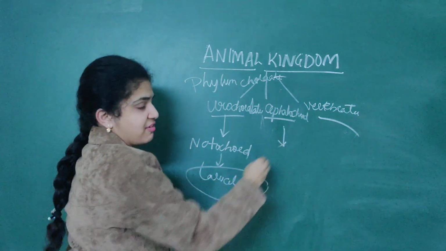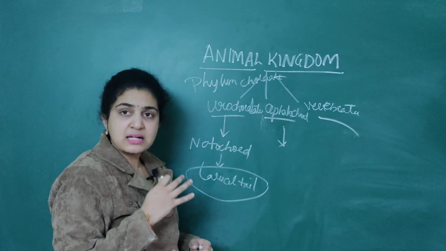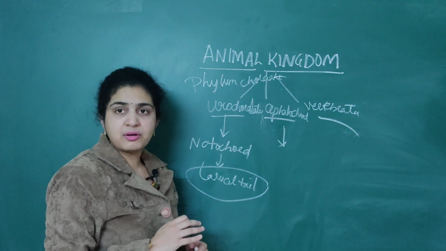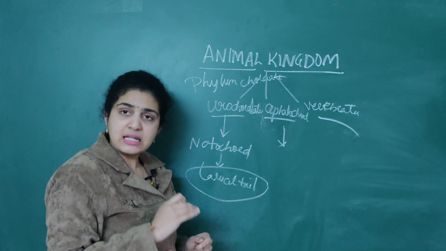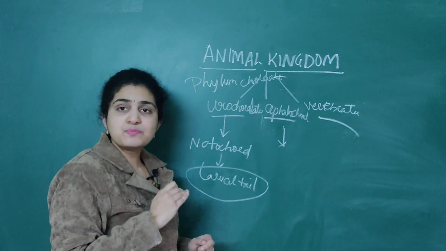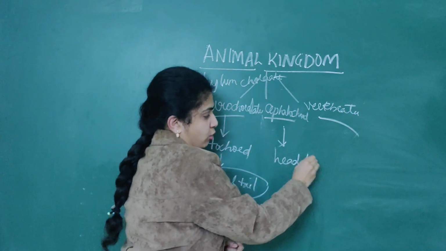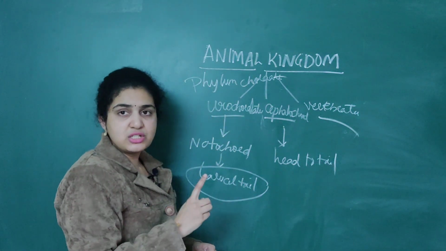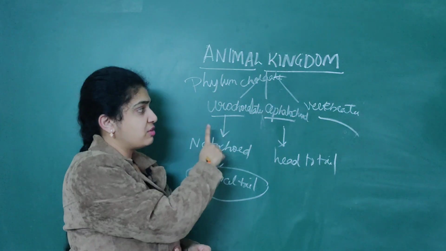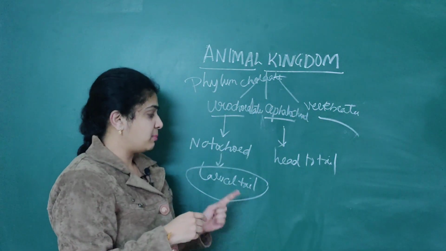When it comes to cephalochordates, here the notochord is persistent throughout life. Notochord is persistent from head to tail. It is present as well as persistent throughout life. This is the main differentiating feature between urochordates, cephalochordates as well as vertebrates.